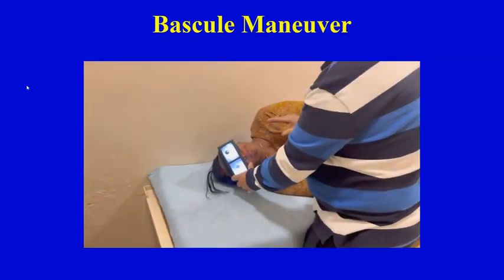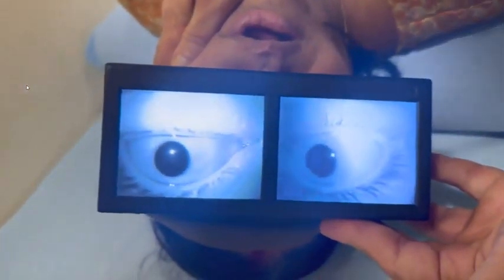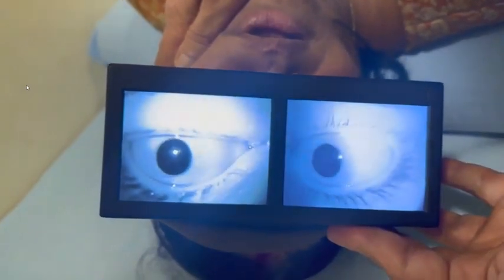So we now retested the patient with the right Dix-Hallpike testing after the bascule maneuver. And to our surprise, we saw a geotropic horizontal positional nystagmus.